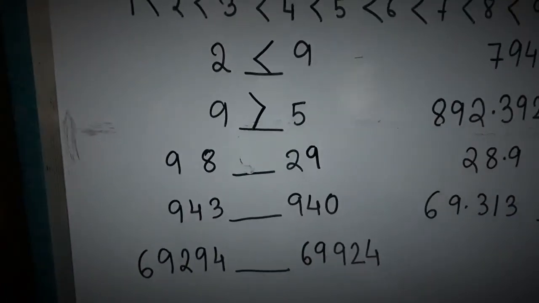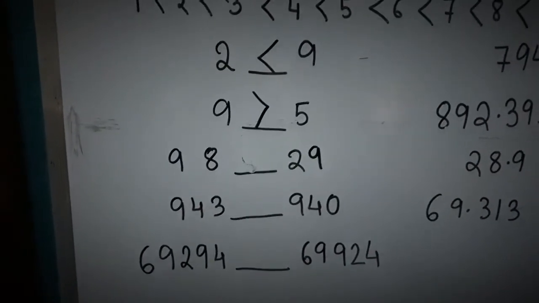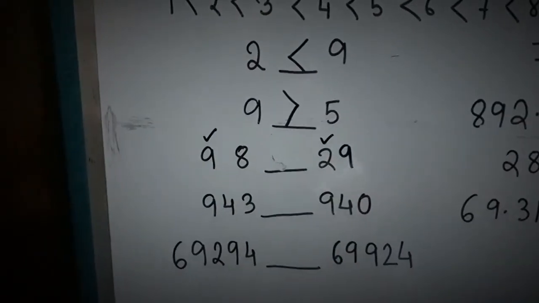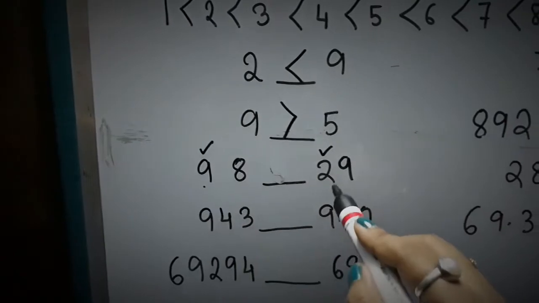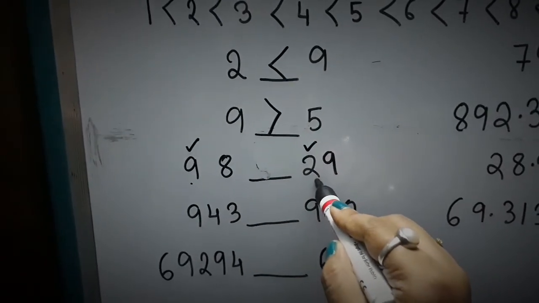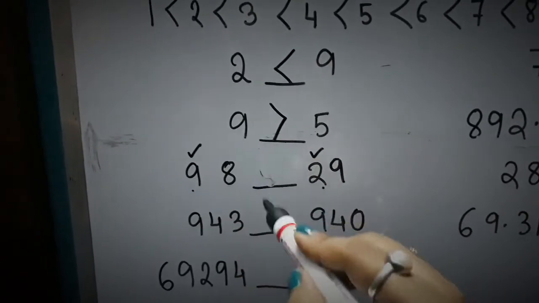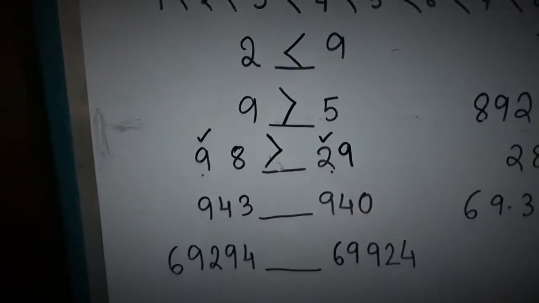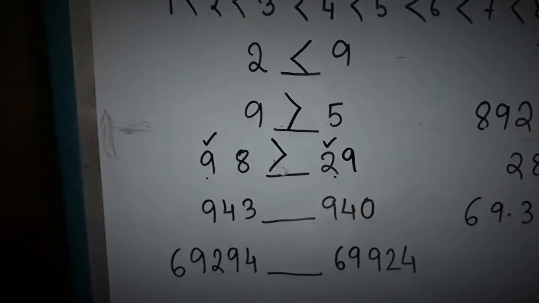When there are 2 digits on both sides, you check the first one of both sides. The first one is 9 and the second one is 2. Which is greater? Of course 9. No need of going for the second one. So this is greater.